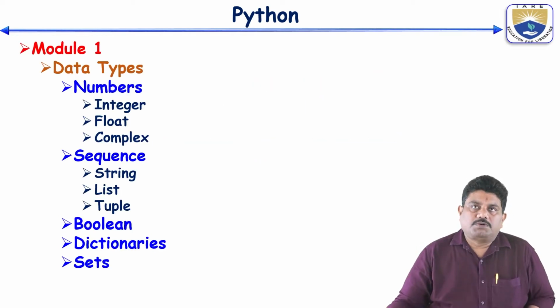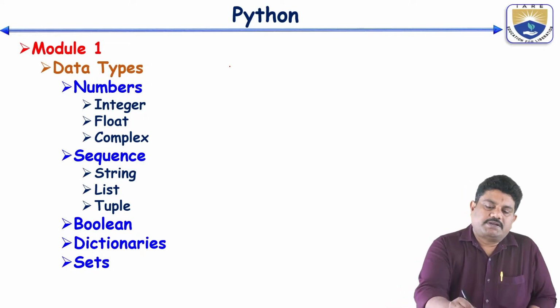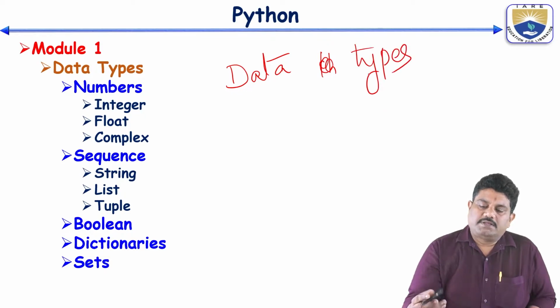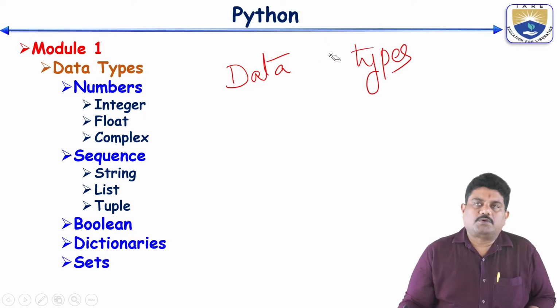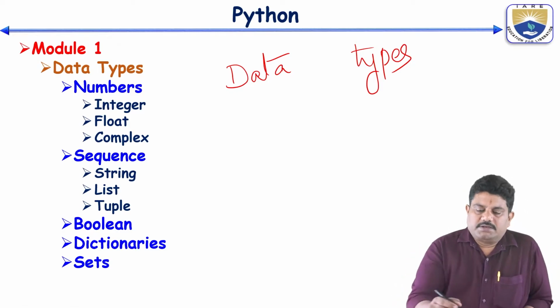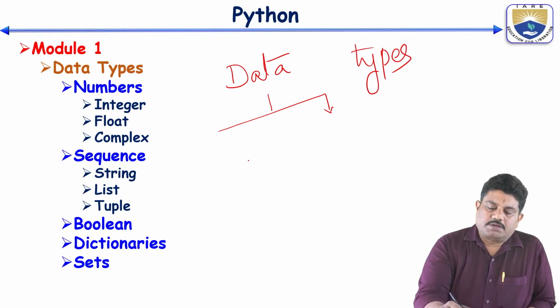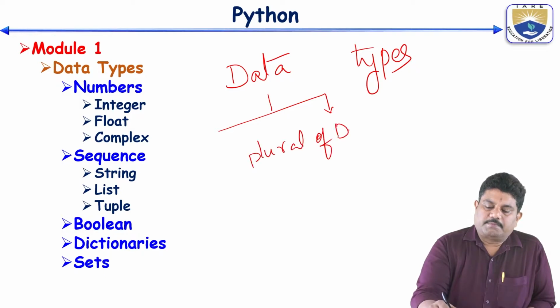Before discussing the data types available in Python, we need to understand what data is, and then we will see their types. If you see the textbook definition, data is nothing but the plural of datum.